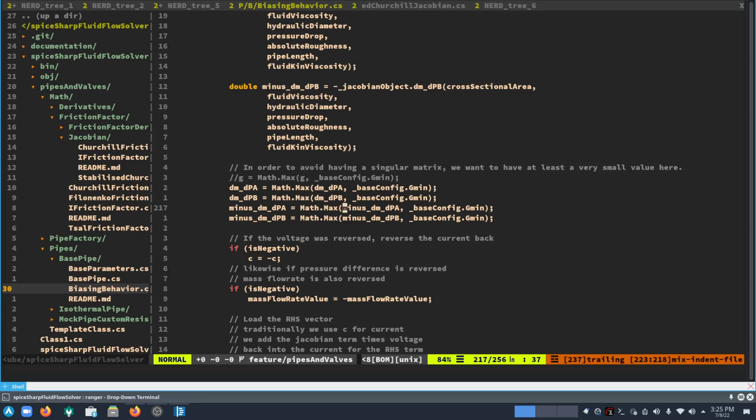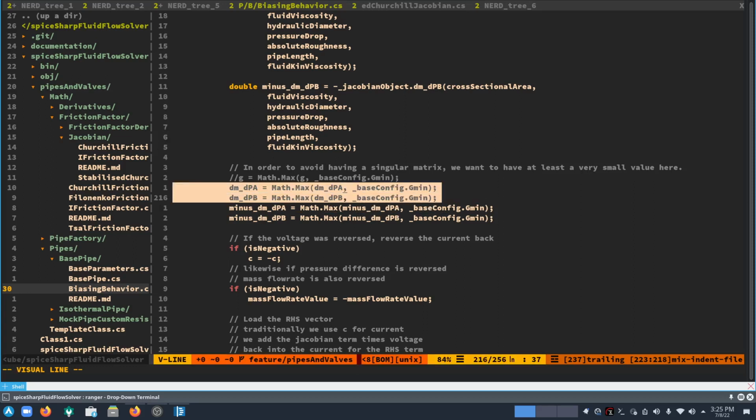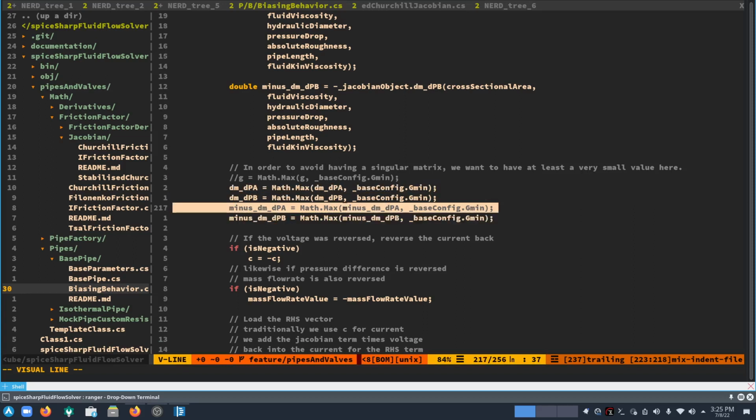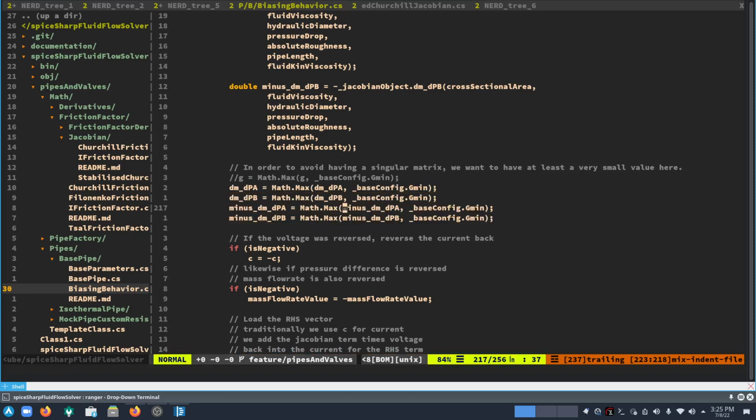This is what we can do. For the dmdPA and the dmdPB, there will be a math-max function used here. What it is trying to do is, if this value goes to 0, we will actually use some sort of minimum for the Y matrix.